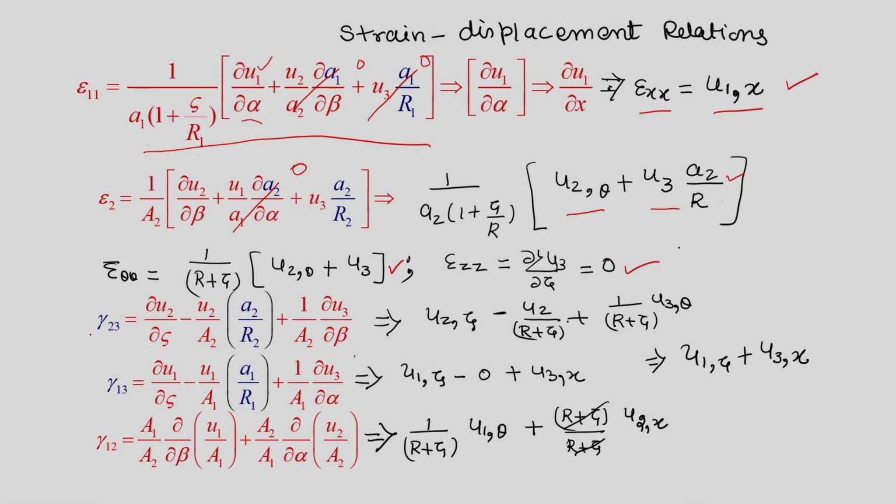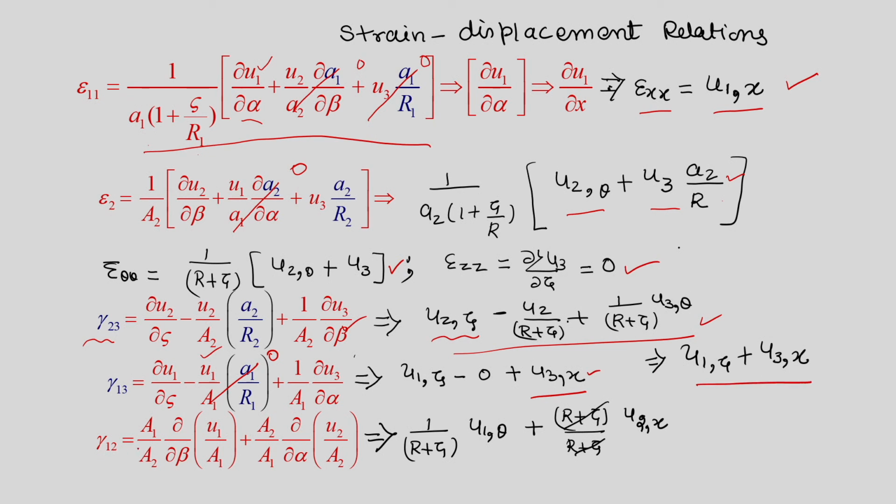Now we can find the expression of gamma 23. The gamma 23 expression is u2 comma zeta, and this will exist and this will also exist, all three terms will exist. Gamma 13 is u1 comma zeta; R1 is infinity, so it is going to be 0, and 1 by a1 u3 by alpha, so u3 comma x.